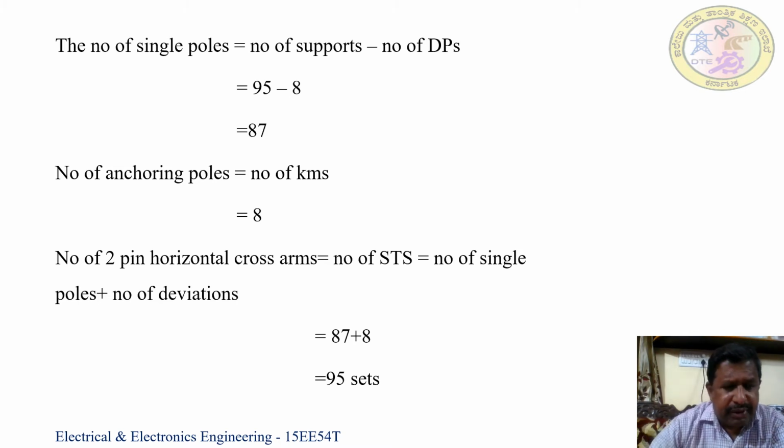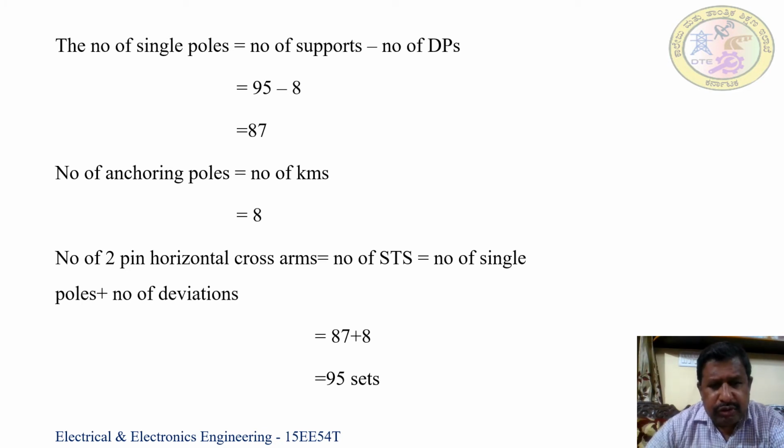Then next item is number of 2-pin horizontal cross arms. Then one more type is there, V type 2-pin horizontal cross arms. These are the cross arms used to hold the conductor through the pin insulators. So 2-pin horizontal cross arms are required for 2 lines, and for one more line the single top supports are required.